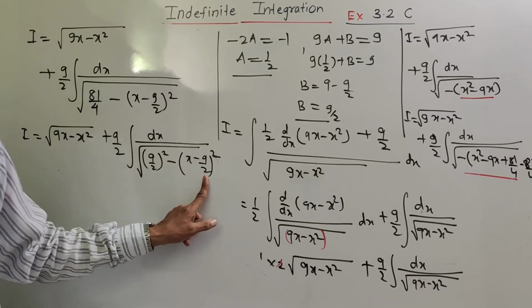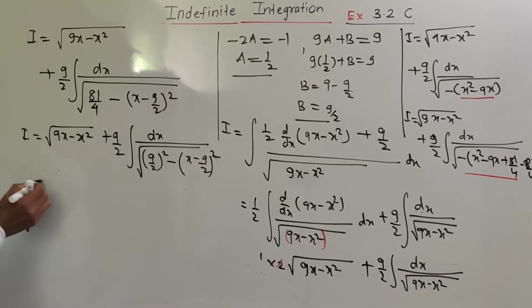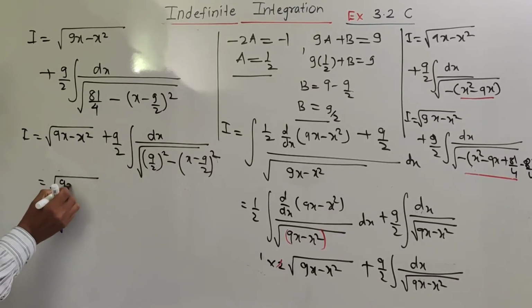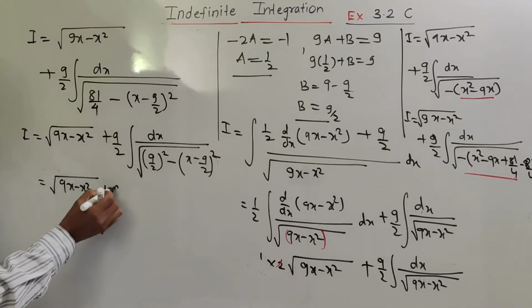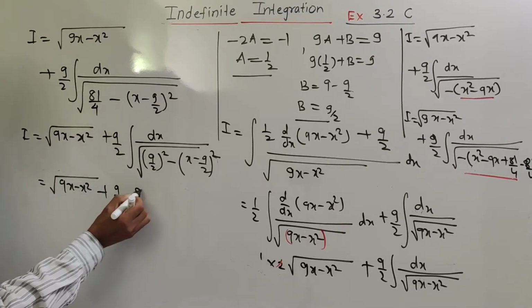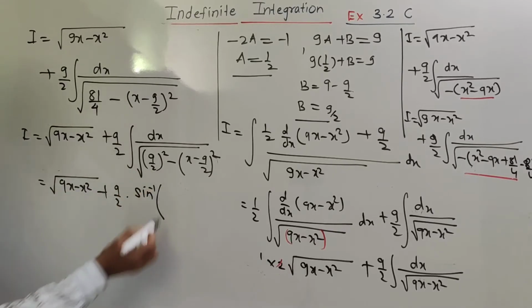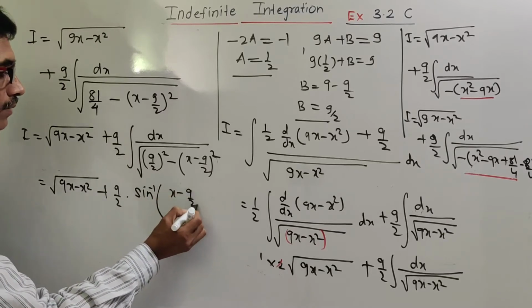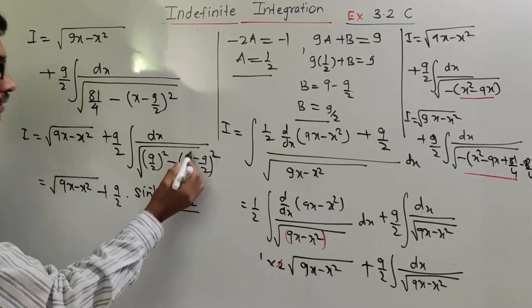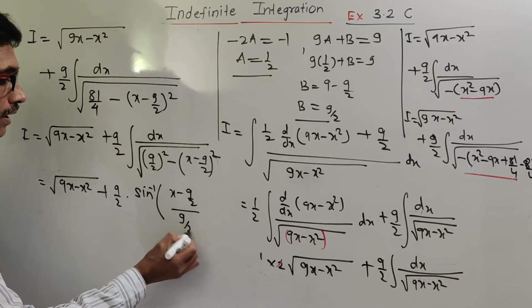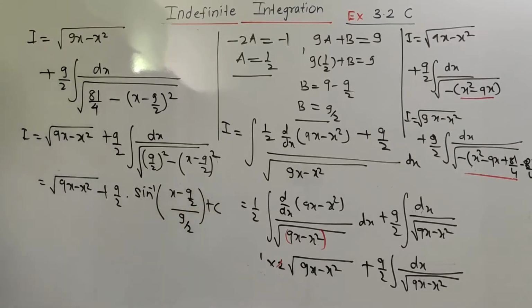So root of 9x minus x square plus 9 by 2 into sine inverse of x minus 9 by 2 upon a, which is 9 by 2, plus c.